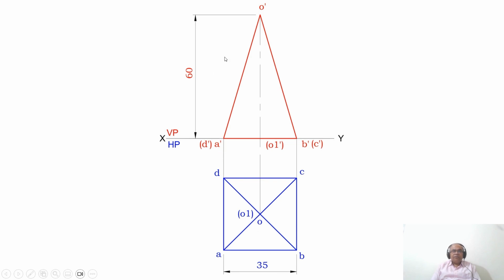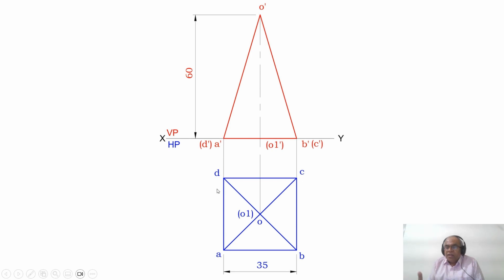When you look from the top view, OAD is a triangle. Similarly, OBC is one more triangle. So both are the triangular faces which are perpendicular to VP. Since it is perpendicular to VP, how to take the initial position in the top view? The initial position has to be the base edge.